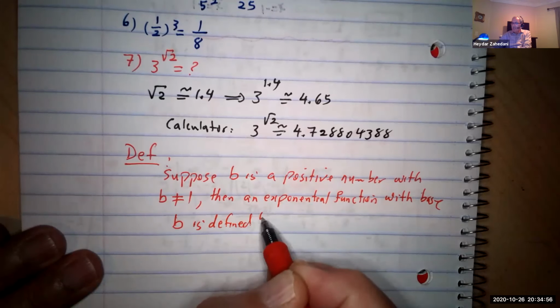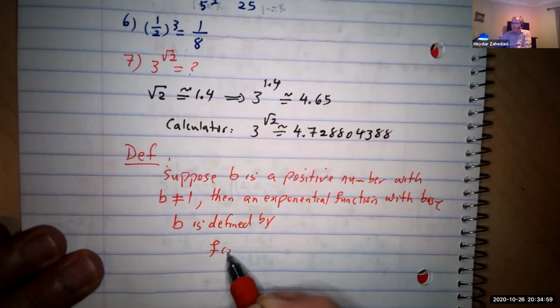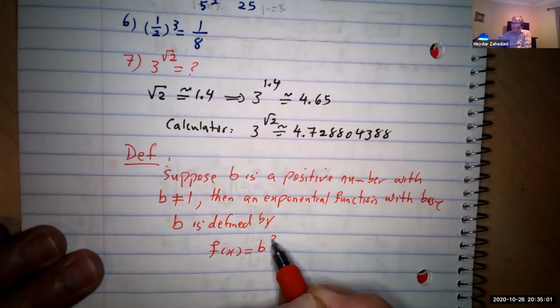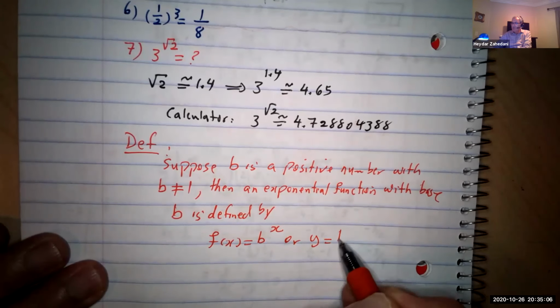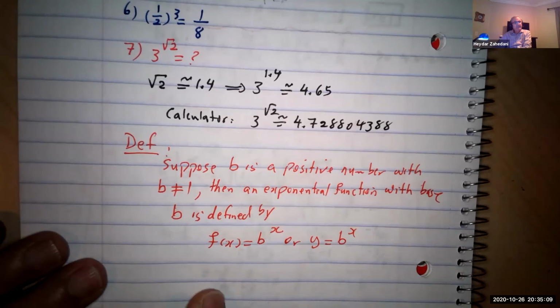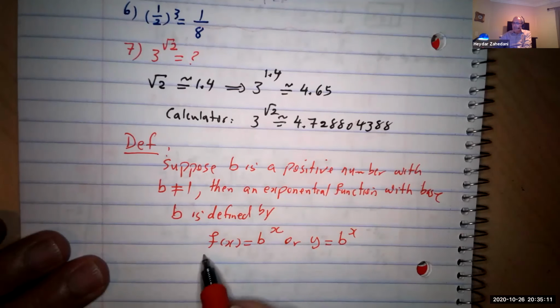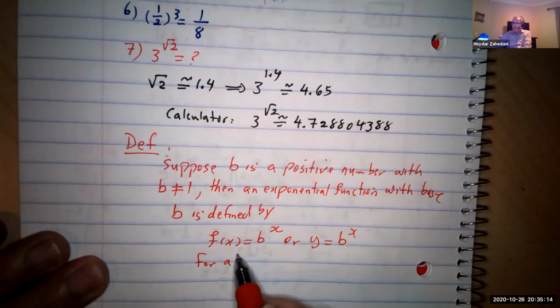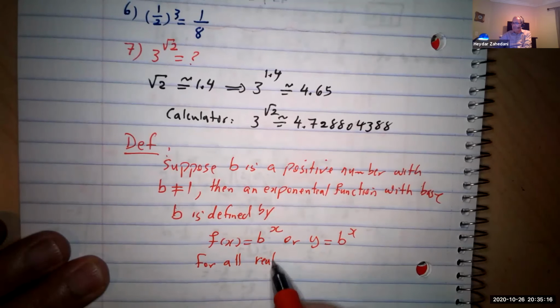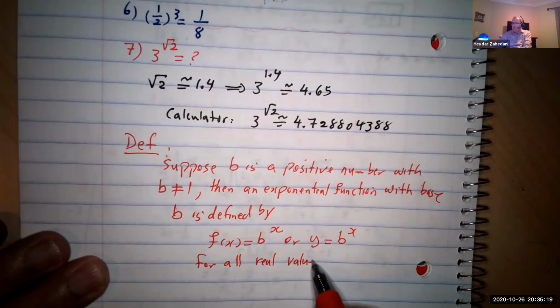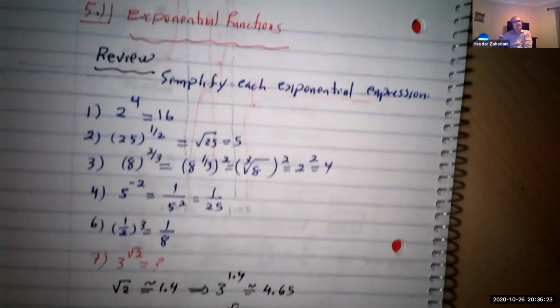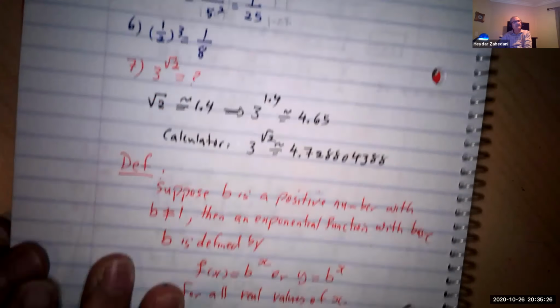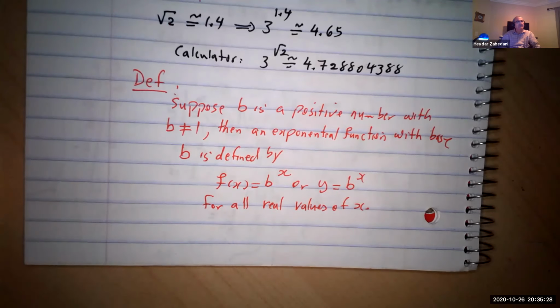It's going to be defined by f of x equal to b to the x, or y equal to b to the x. For what x? Everything you like. For all real values of x, of course. Real values of x, you see, I use anything you think about it. You cannot use complex numbers. That's going to be the idea.